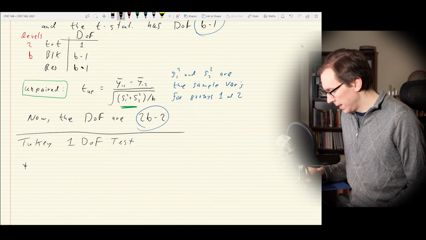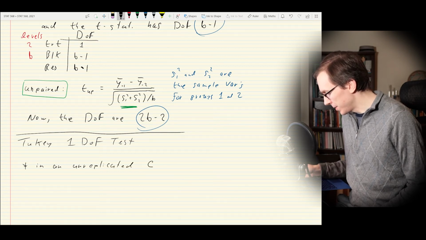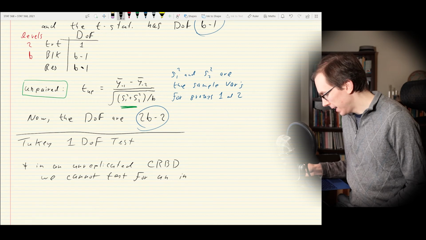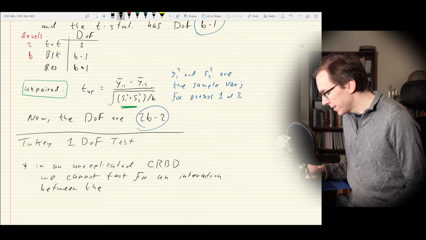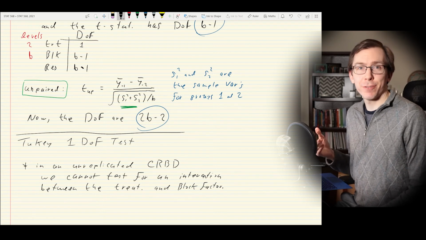A key point is that in an unreplicated CRBD, complete randomized block design, we cannot test for an interaction between the treatment and block factor, because we don't have enough degrees of freedom to do that.